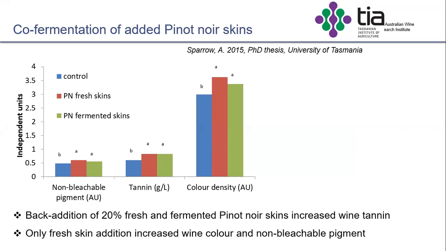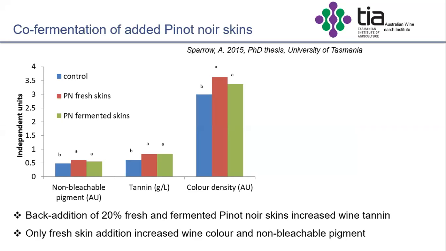That earlier treatment, we used 20% marc addition. And again, this is work done from the University of Tasmania, where they added both fresh and fermented Pinot Noir skins to wines and found that it actually increased both tannin and colour in this case, and with significant changes for wine colour density.